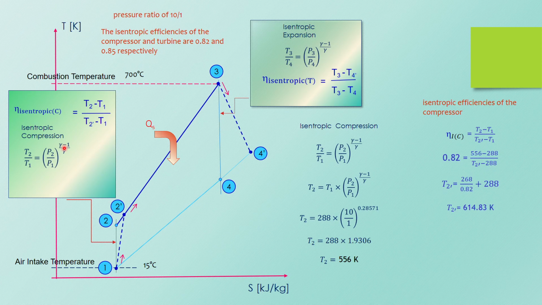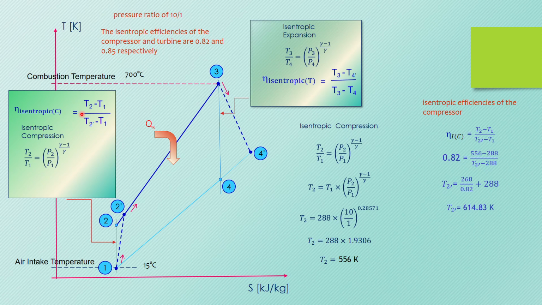Bear in mind, for this gamma here you should use gamma for air, because 1 to 2 refers to the air side, and 3 to 4 refers to the gas side.